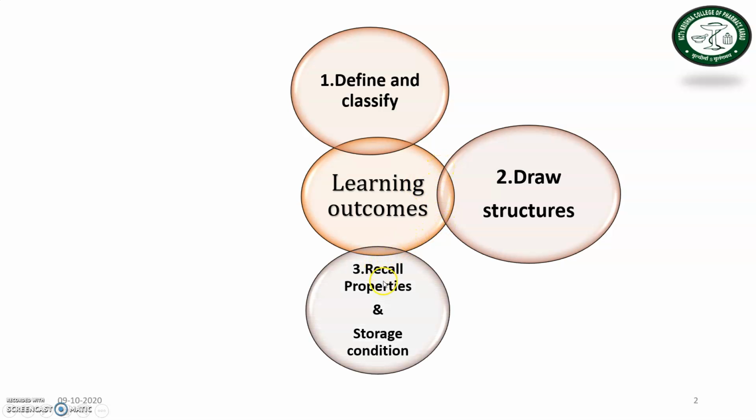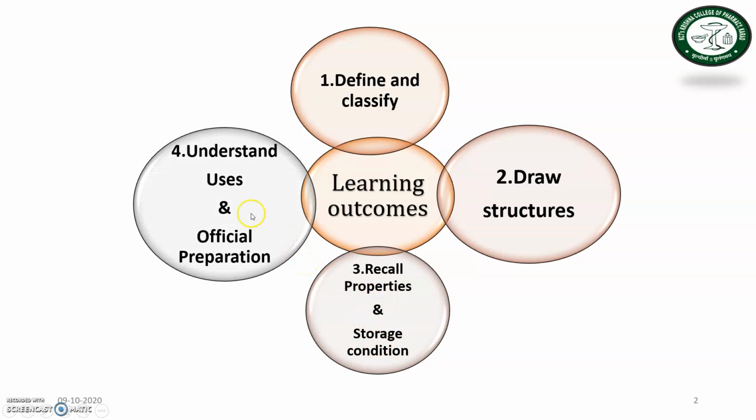Then recall the properties with their storage conditions, and understand the uses and official definition with the brand names of different antibiotics. So these are the four important learning outcomes, and students will be able to achieve all four after completing this topic.